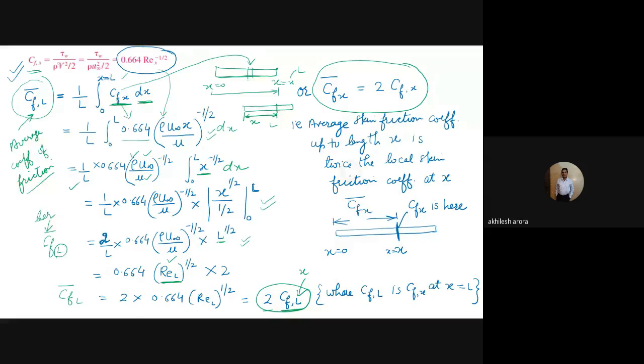At this x location, this is the value of the local friction coefficient, and if I calculate the average value from x equal to 0 to x equal to x, then that value will be twice the friction coefficient existing at location x. I have shown it here also: CFX is at this particular location, and the average value of CFX is for the whole length from here to here. That is what you need to remember.